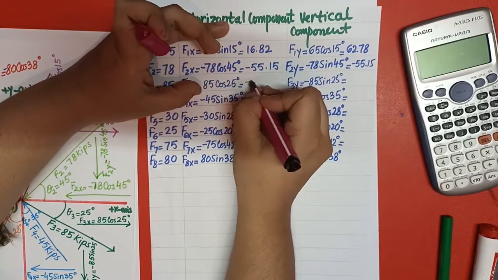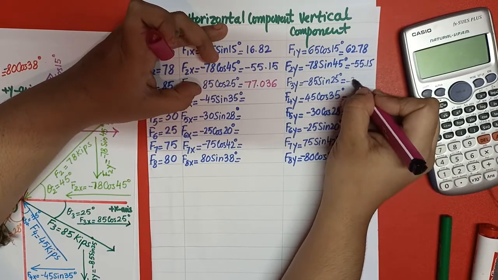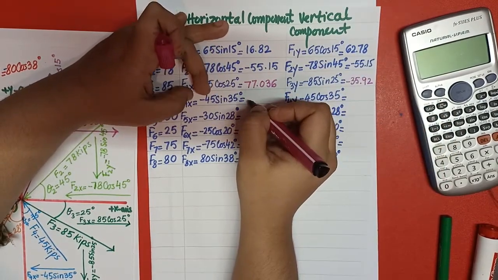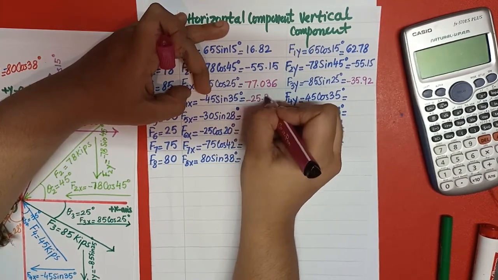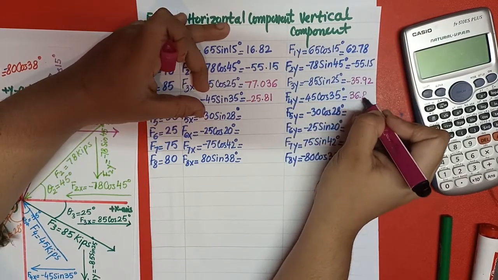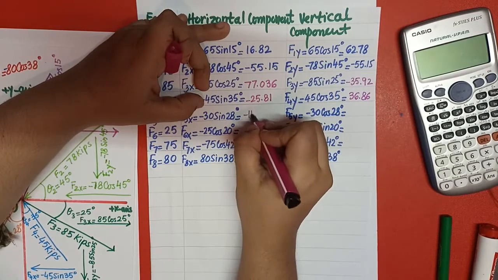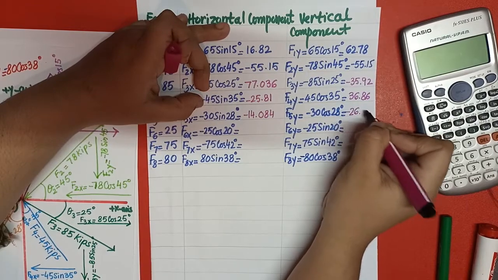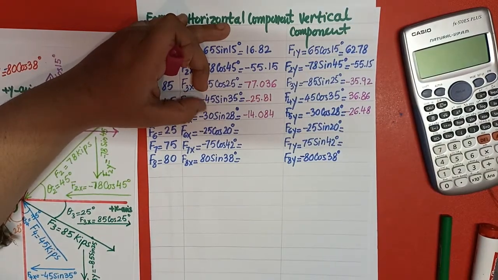So it will be 77.036, and this will be minus 35.92. This is the F3 force. For F4x it is minus 25.81, and this will be 36.86. Another force is minus 14.084, minus 26.48. This is for F5y.